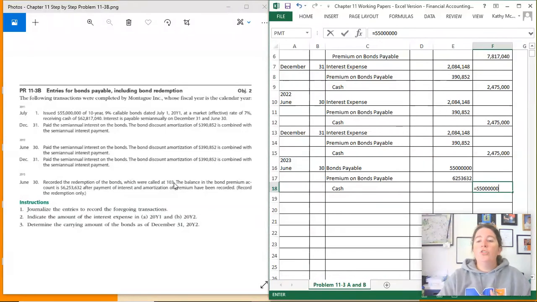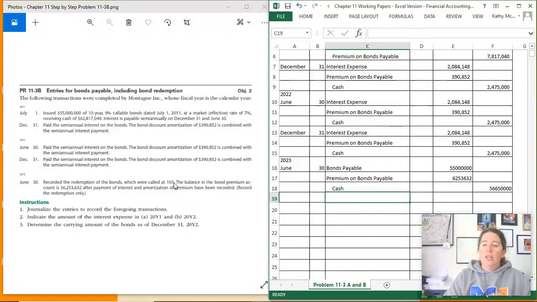That means 103%. Okay. So we're going to multiply this by 1.03 because if we take 103%, move our decimal point 2 steps to the left, we get 1.03. Press enter, and it tells us that we are going to pay out $56,650,000.